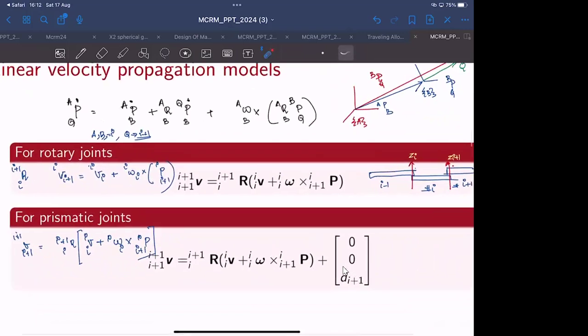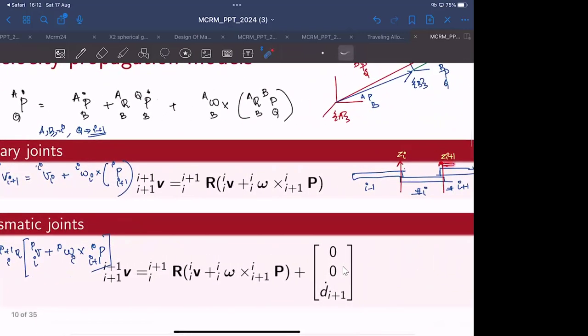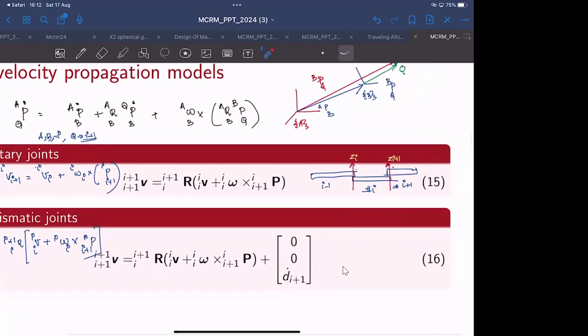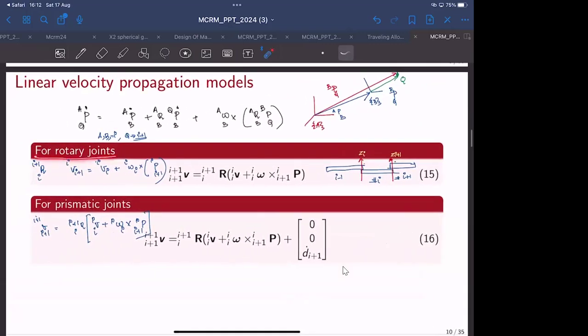And this is the term when the I plus 1th joint is a revolute joint. So if you know the linear velocity of the ith joint, and you also know the angular velocity vector of the ith joint, then how do you find the linear velocity of the I plus 1th joint? You do this by this propagation equation. This case is for a rotary joint.